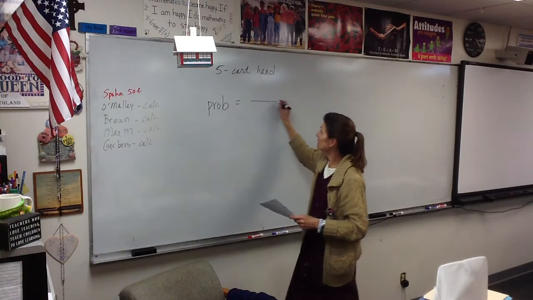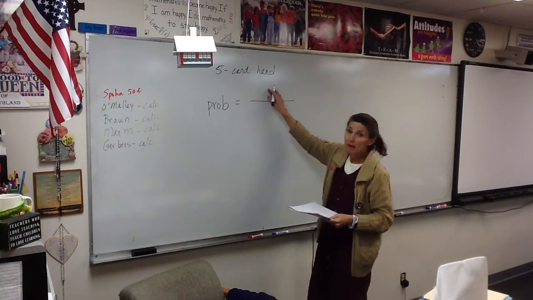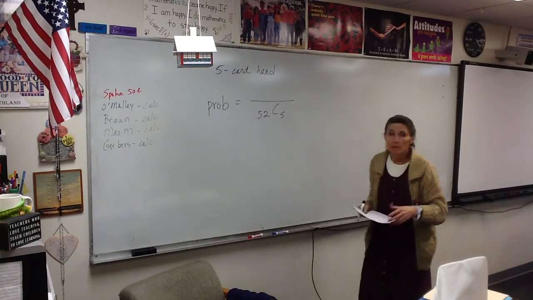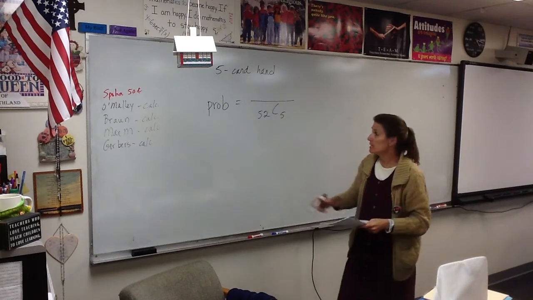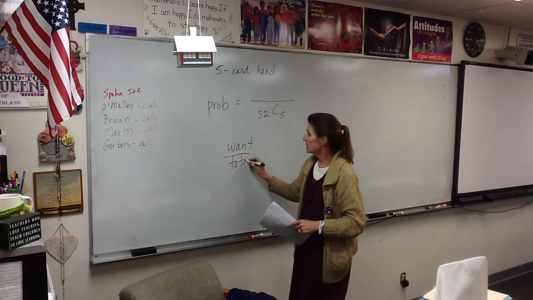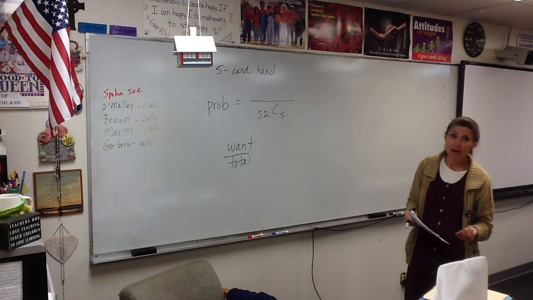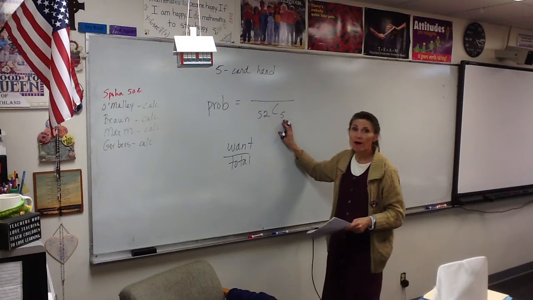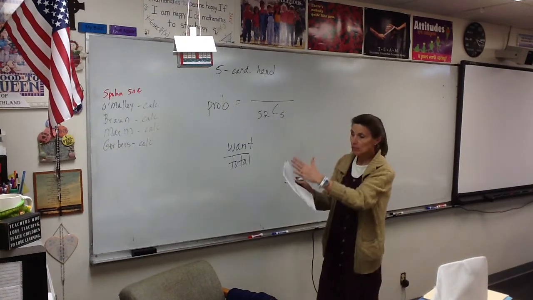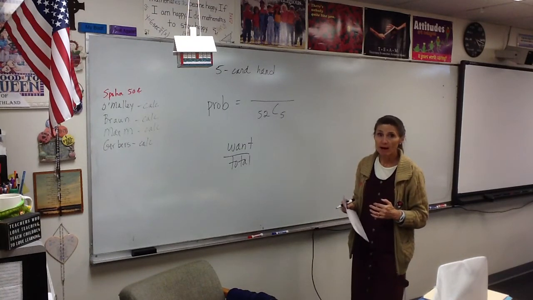So your probability for each of these problems is going to be something over 52C5, because probability is what you want over the total. And the total number of 5-card hands in a standard deck is 52C5. So every one of these problems on this whole page is going to be over 52C5.